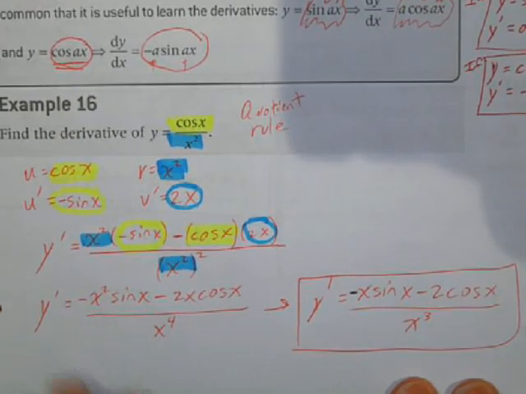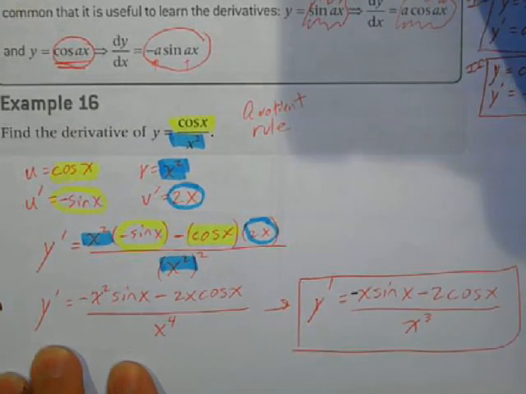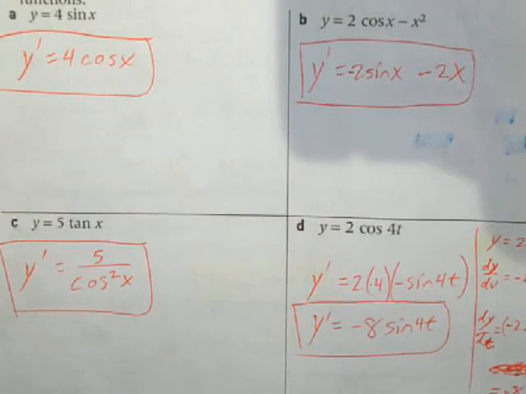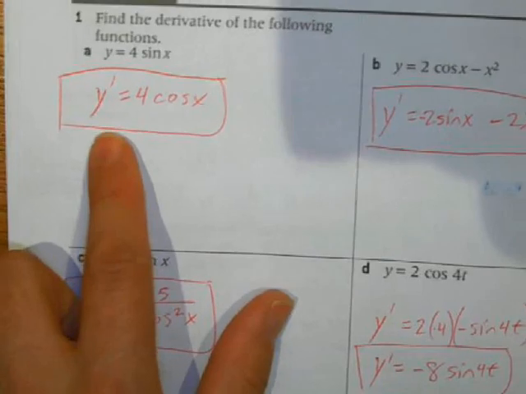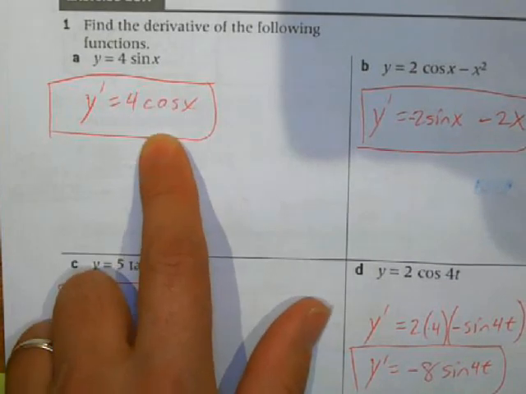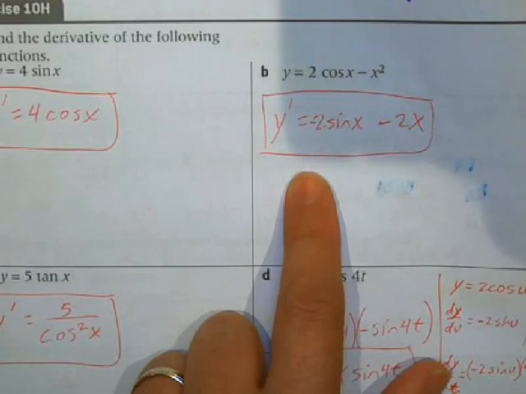Okay, I'll explain a few more of these, and then you can just look at the key and check your answers. The derivative of 4 sine x is 4 cosine x.